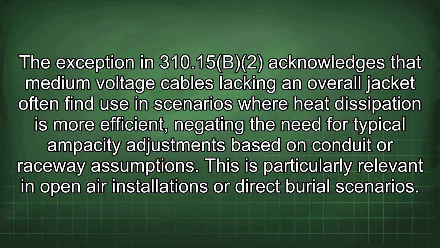The exception in 310.15(B)(2) acknowledges that medium voltage cables lacking an overall jacket often find use in scenarios where heat dissipation is more efficient, negating the need for typical ampacity adjustments based on conduit or raceway assumptions. This is particularly relevant in open-air installations or direct burial scenarios.